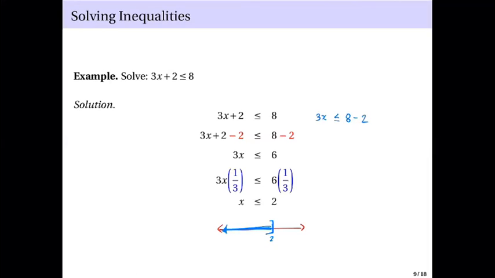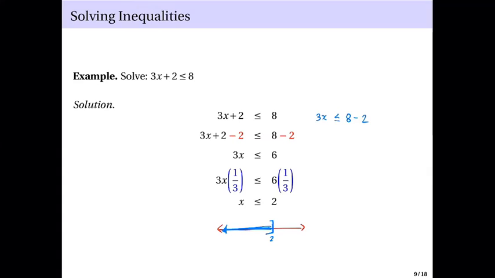Okay? When you move an expression from one side of the inequality or even the equality, but to be more precise for this discussion, when you move one expression from one side of the inequality to the other side, okay, the inequality direction won't change.